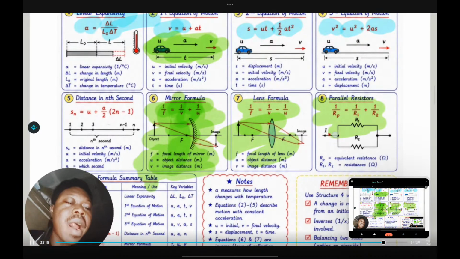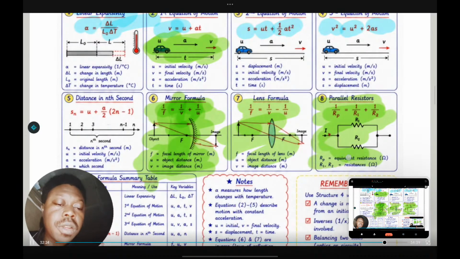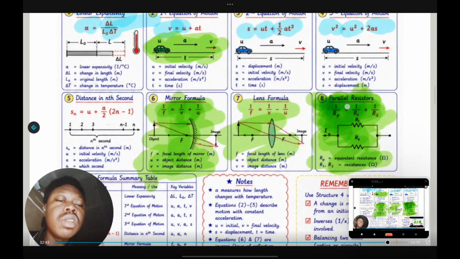And for resistors in parallel, capacitors in series, and inductors in parallel, you use this method. Even though I didn't capture capacitor and inductor, take note of this. We resolve resistors in parallel the same way you resolve inductors in parallel. Then you resolve capacitors in series the same way you resolve resistors in parallel and inductors in parallel.